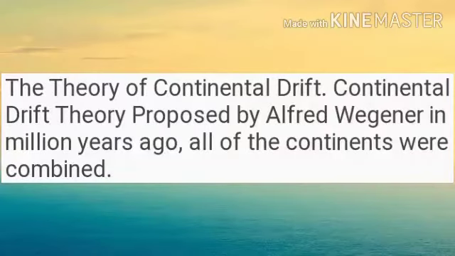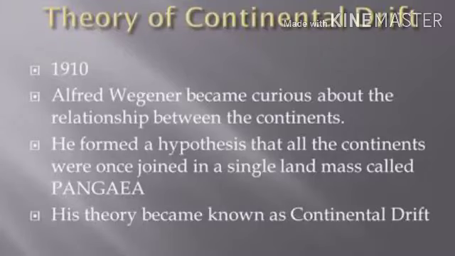Alfred Wegener, a German meteorologist, put forth the continental drift theory. According to him, all continents formed a single continental mass called Pangaea. All oceans formed a single universal ocean called Panthalassa, which means all around water or mega ocean.